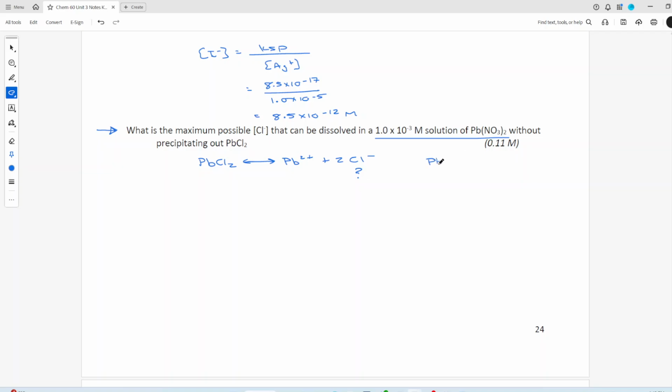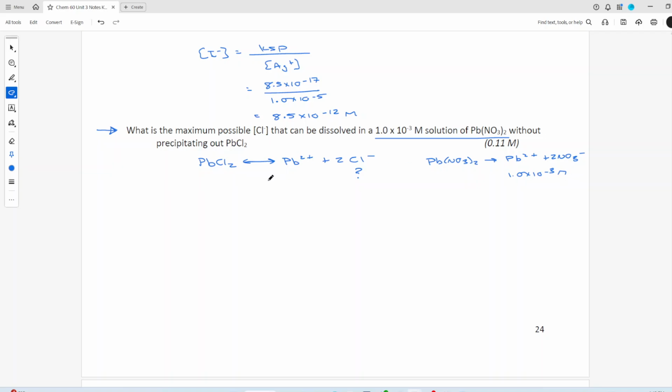We want to know the maximum concentration of chloride ions dissolved in a 1.0 times 10 to the negative 3 solution of lead nitrate. The only thing you're tested on here is that if lead nitrate is bringing the lead ions, what would be the concentration of lead? Because it's a 1-to-1 ratio, the concentration of lead ions is also 1.0 times 10 to the negative 3. But that's definitely something that could be played with, right?